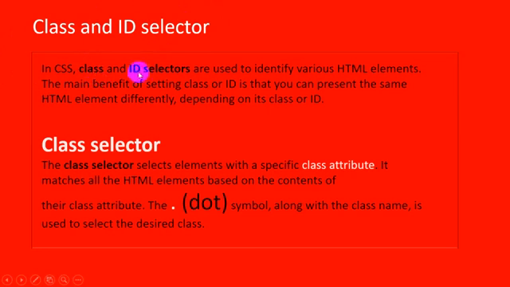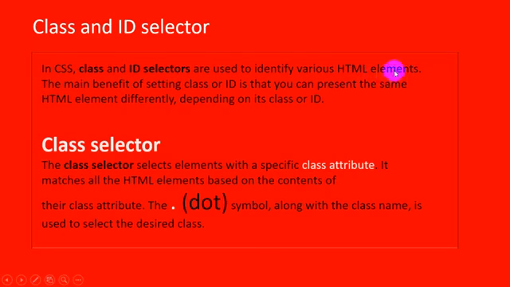These are two different attributes of HTML which we can use in any HTML element. Why? Because by using these attributes we can apply CSS on that particular HTML element. Just read it: in CSS, class and ID selectors are used to identify various HTML elements.